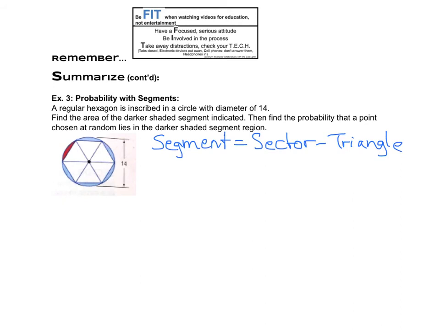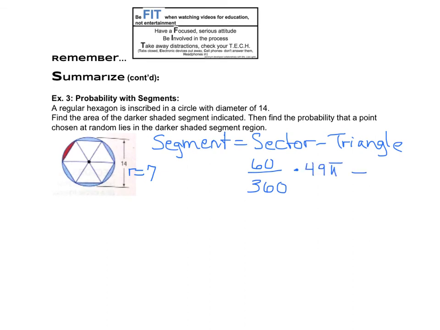So the sector, since we do have a regular hexagon, we know is 1/6 of the circle, because that central angle is a 60-degree angle out of 360. And with the measure that we have there, we know that if the diameter of that circle is 14, the radius is 7. So we're going to be taking 60 out of 360 times 49 pi.